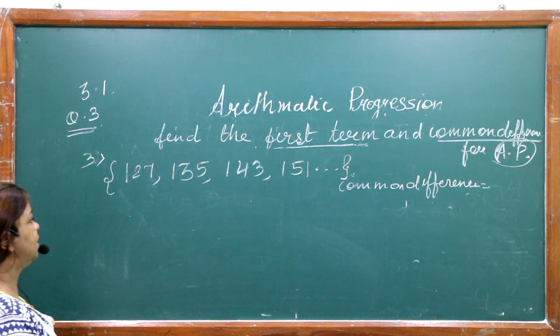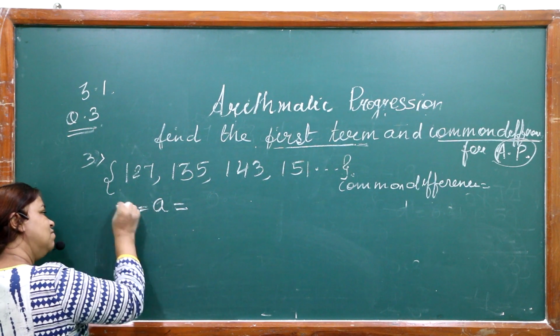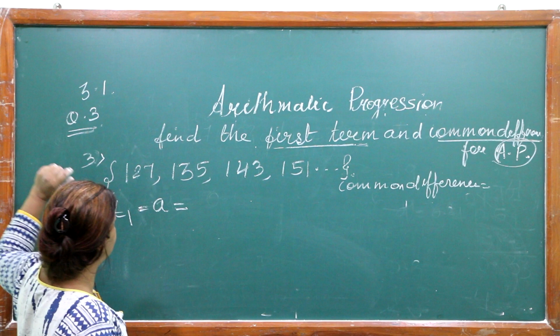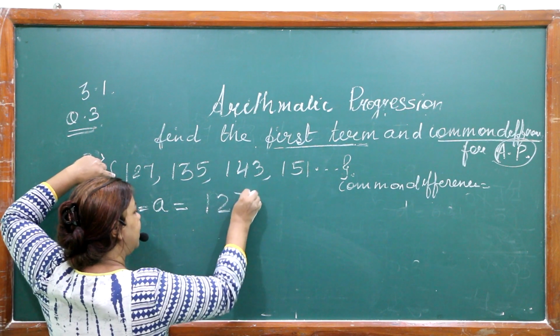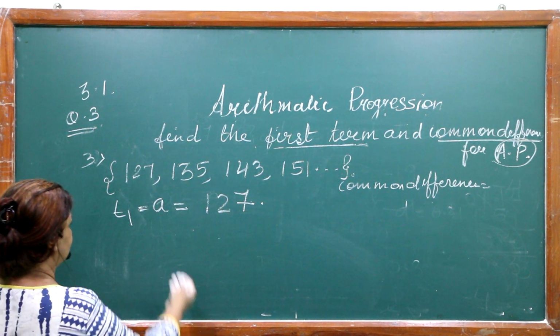We want to find out the term A. Yes, what is term A or term 1, children? Yes, of course it is the first term, that is 127. Then we want to find out the common difference.